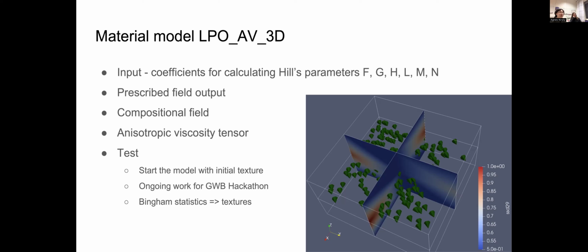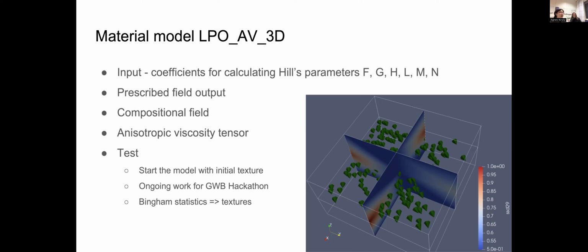We're planning to implement initial texture either by giving it an input file, by generating a random distribution of textures, or we hope to figure out how to generate olivine textures on a number of grains by using Bingham statistics.